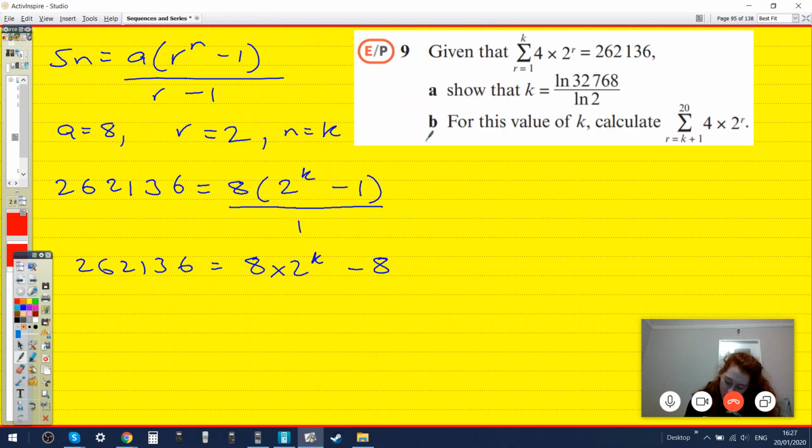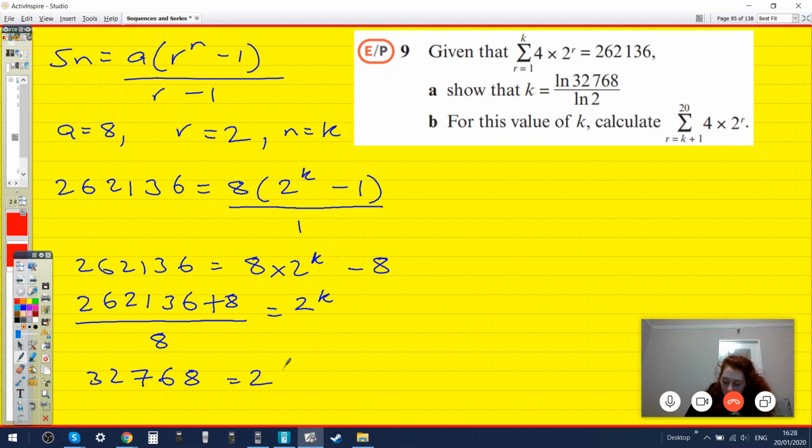So we added the 8 over. Could we then divide by 8? Yep. I'm going to do 136 plus 8 over 8. And my guess is it's going to be 32768. Yeah. Okay.